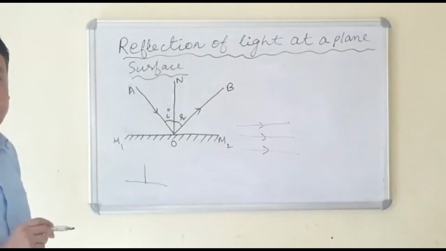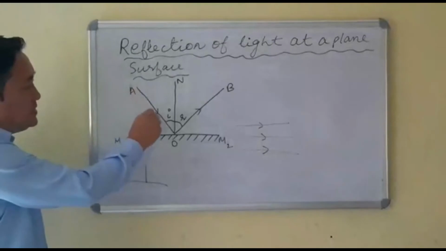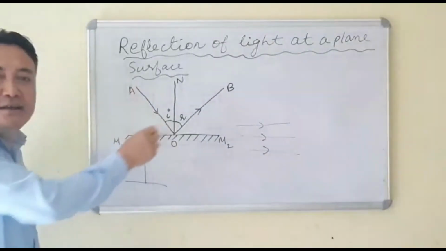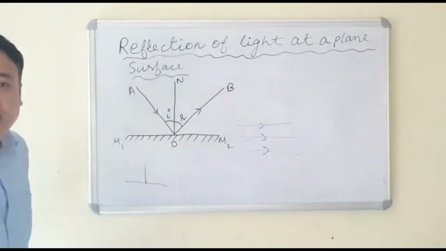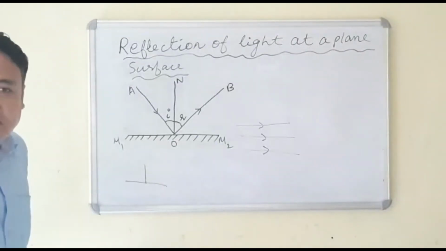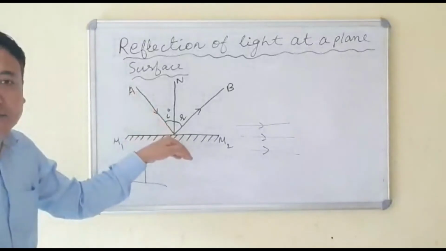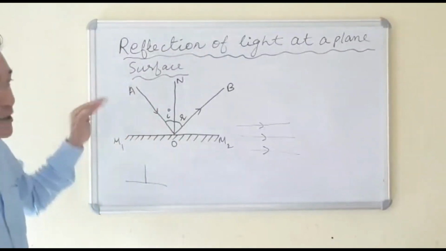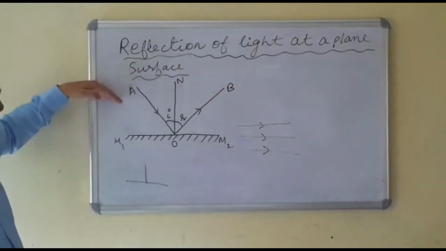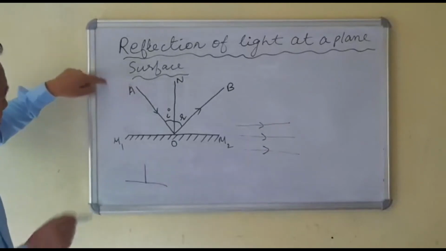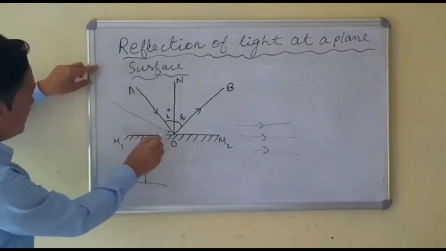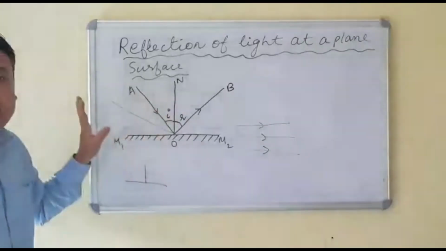So how it happens is that the incident ray, since they form an angle, can be 10 degree, 20 degree, 30 degree, 40 degree, 50 degree, whatever, depending upon the incident rays which are falling on the reflecting surface. So if the incident ray comes in this direction, the angle of incidence will become greater.